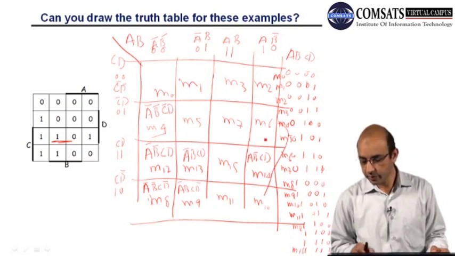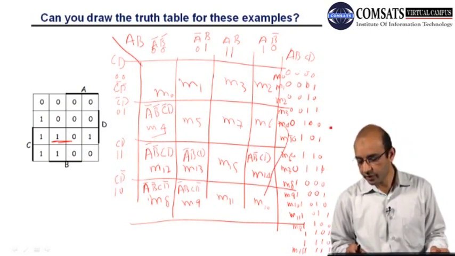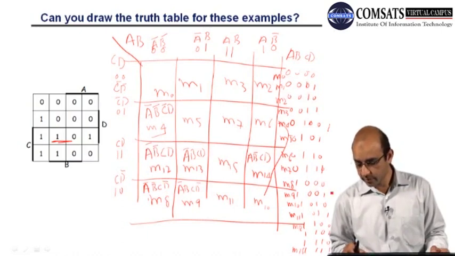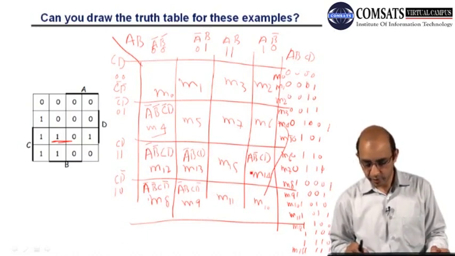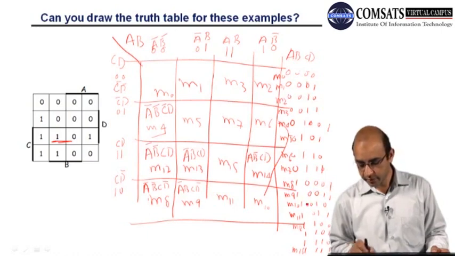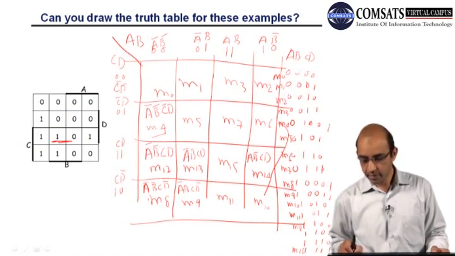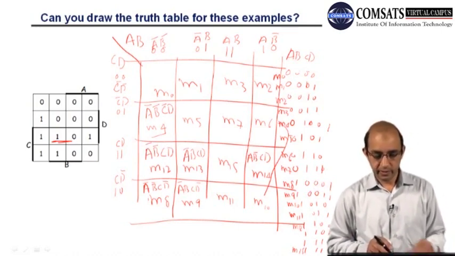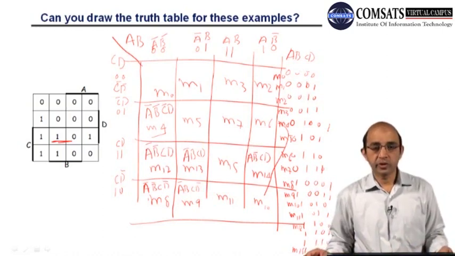If I have a function f over here, I will place a 1 here, and then we have m8, so I will place a 1 here, then we have m9, 1 here, and then we have m14. So m14 is here. So this is the way you can always construct the truth table directly.